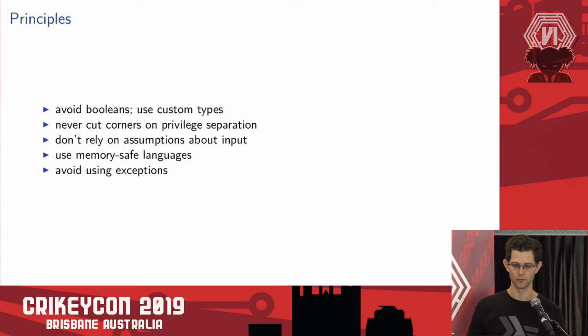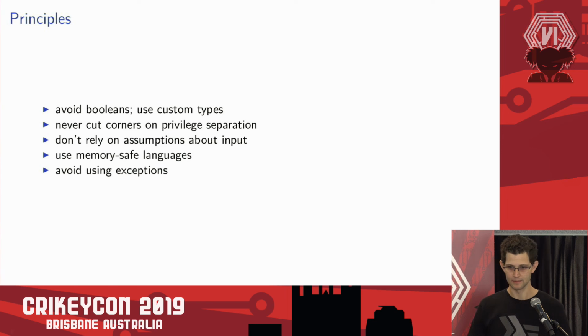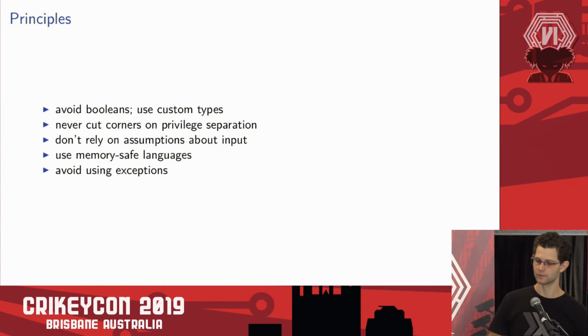To never ever cut corners on privilege separation, more of a sort of software architectural concern rather than the nitty-gritty of programming. Don't rely on assumptions about input. You can make assumptions, but you have to validate and sanitize your data according to how you intend to use the data. Use memory-safe languages and avoid using exceptions, express failure cases in the result types of functions.